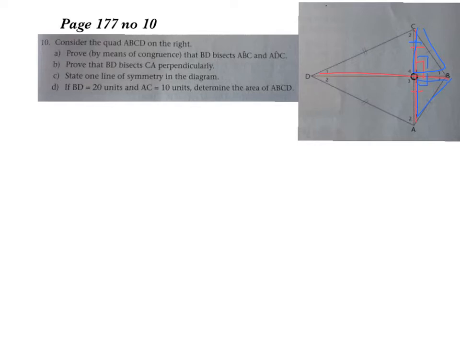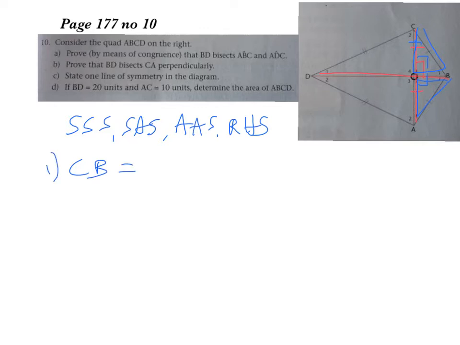So again, our cases: side, side, side; side, angle, angle; side; or right angle, hypotenuse, side. I know that CB is equal to BA.